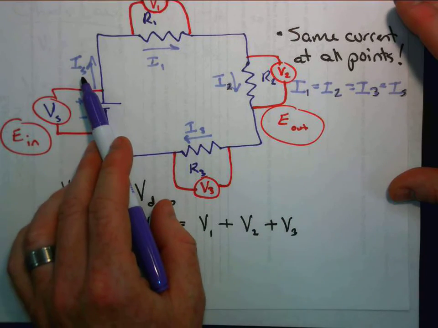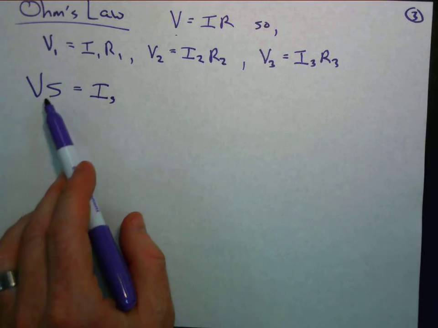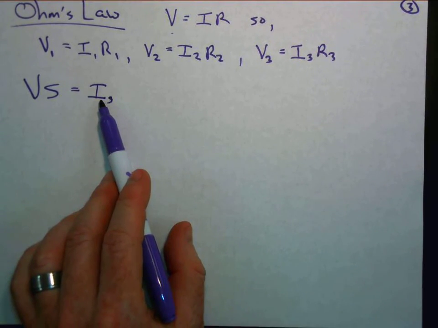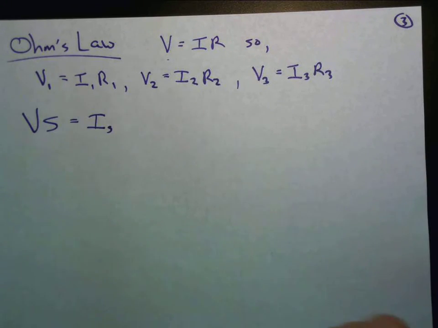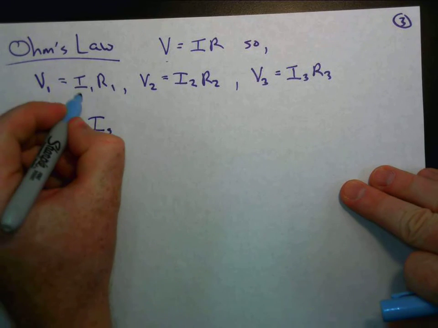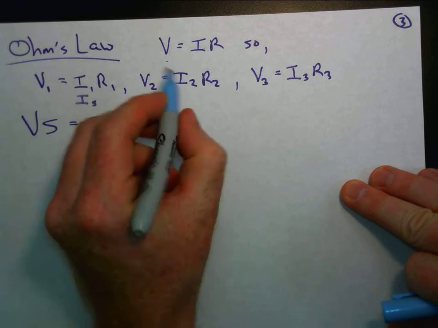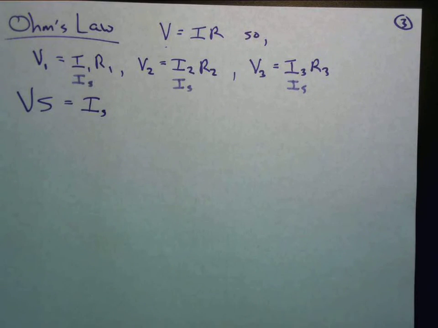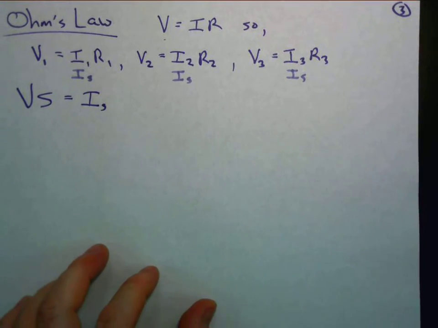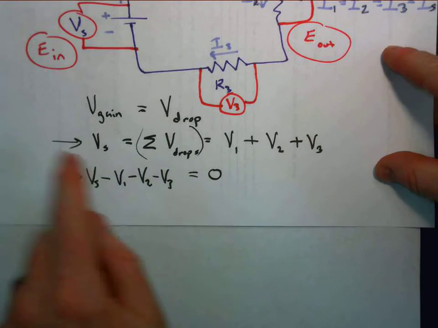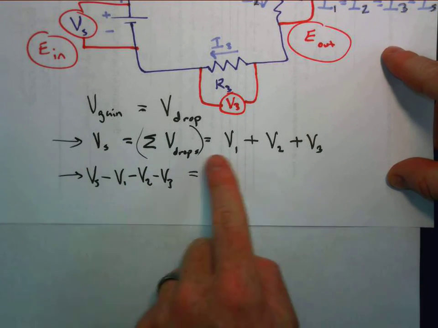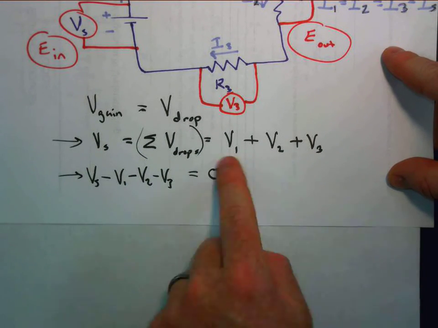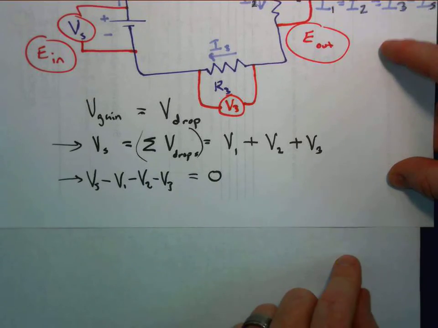So instead of writing I1, I could write IS, right? And what I can do then, even further, is I already know this right here, that the voltage of the source equals the sum of the voltage drops of the three resistors.